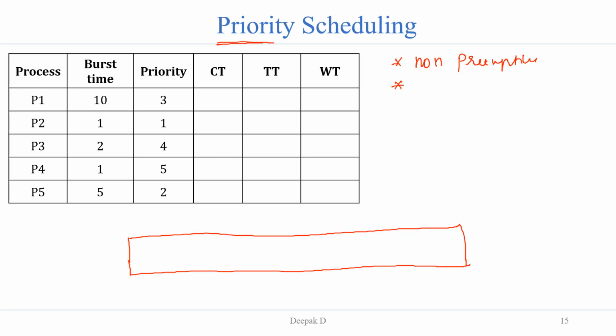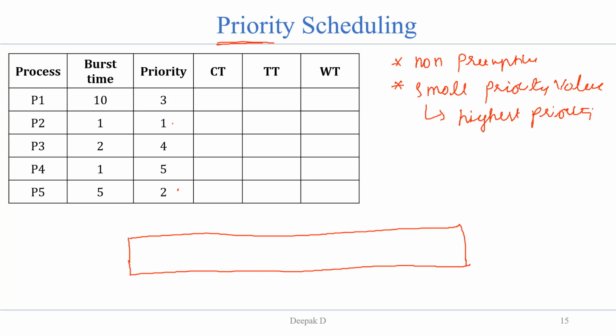If they have not given any such condition, then what you need to do is consider the smaller priority value as the highest priority. So in this problem, process P2 has the smallest value, which means it has the highest priority of all.